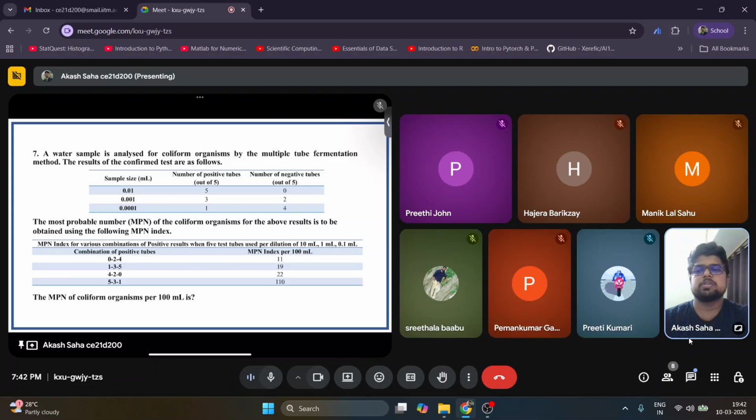I hope you know the theory behind the MPN test. Like, what do we do? Why only 5 tubes values are given? First of all, what do you mean by positive tubes and negative tubes? Any idea?